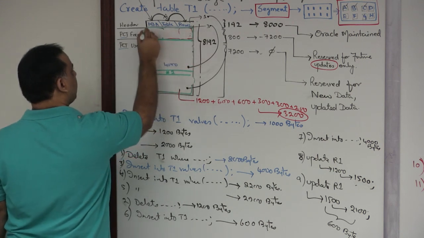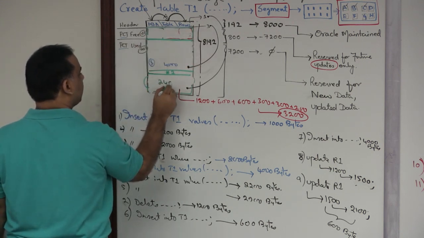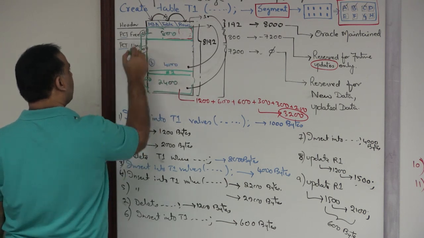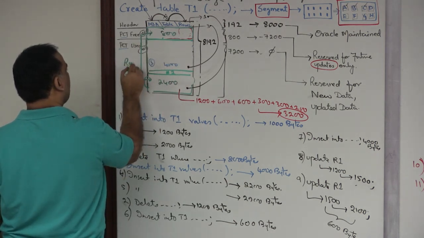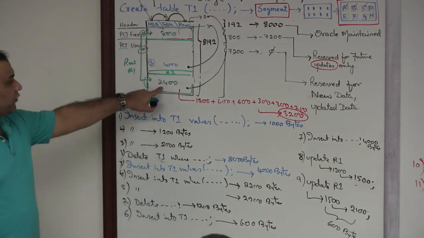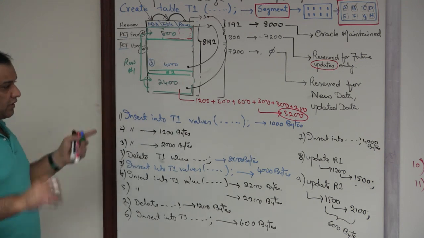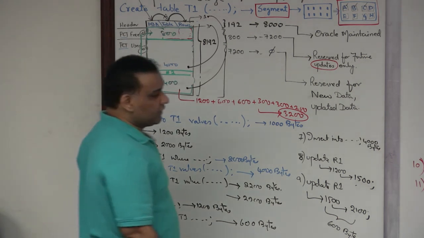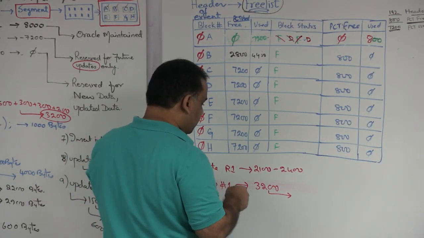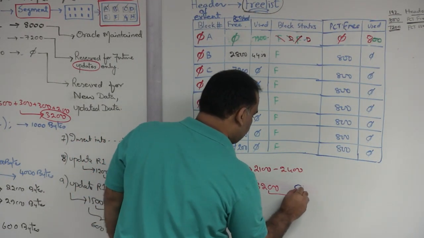So this 800 and 2400 here. 2400 and 800 here. This is all part of row number 1 now. Does that make sense? So 2400 from here and 800 from here. Right now the total size is 3200. So row number 1 is 3200 from here, it wants to grow to 5200.